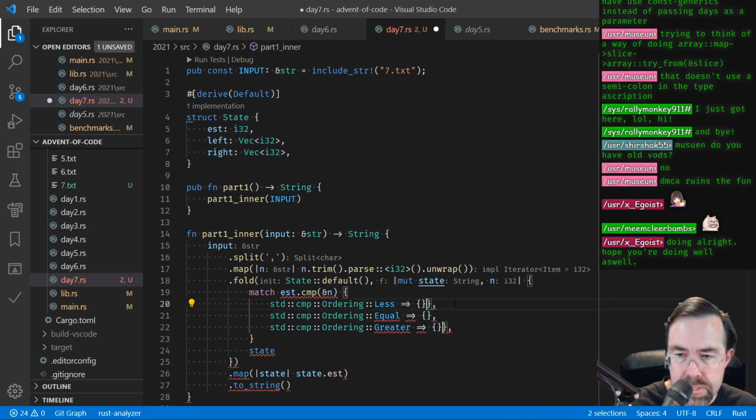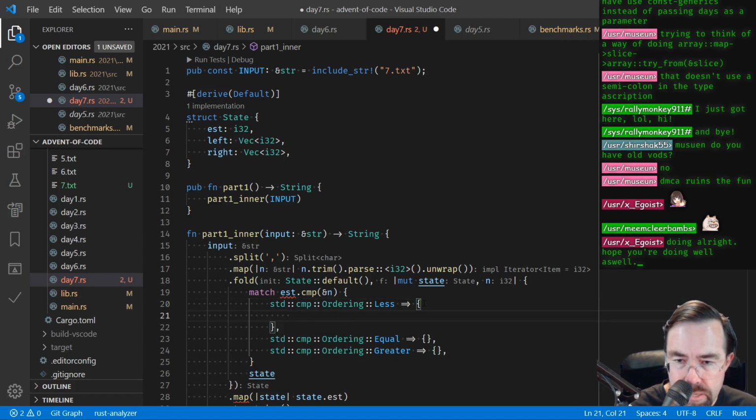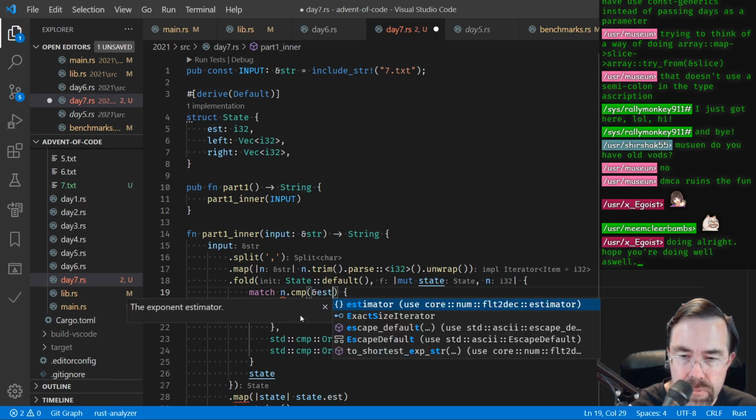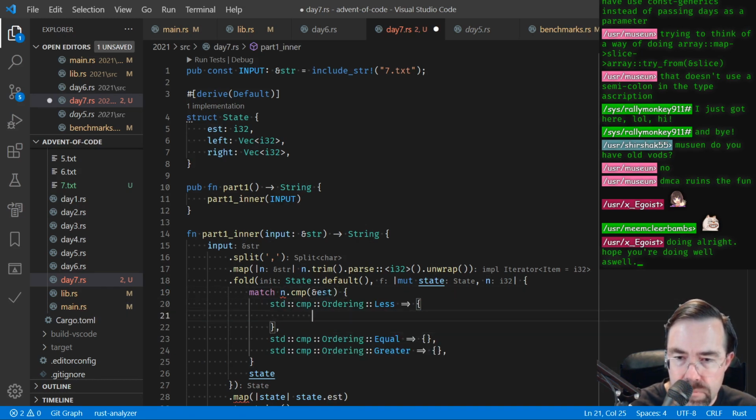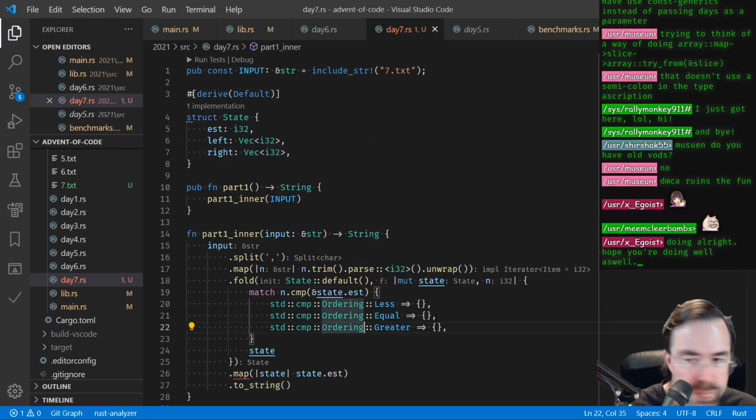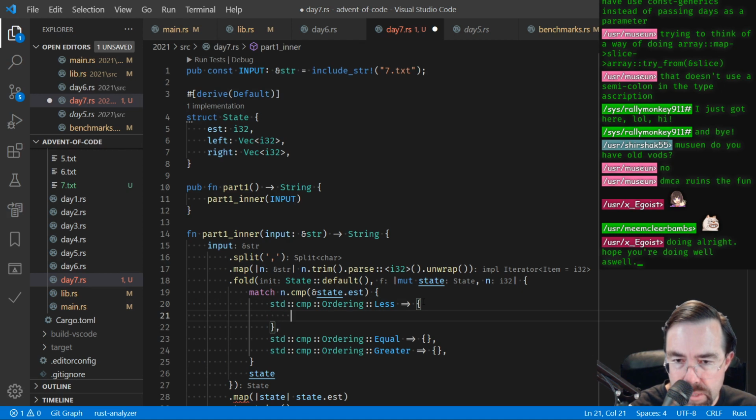Let's think about each of these. If the estimate is less, this would make more sense if I swap them. And it's the state.estimate. So if n is less than the estimate, then we want to put it into the left list. The problem is we're going to want to sort it.